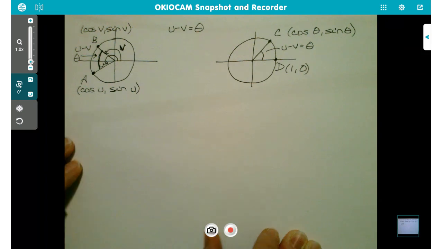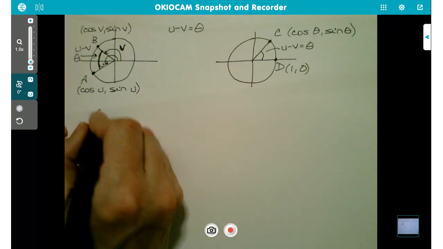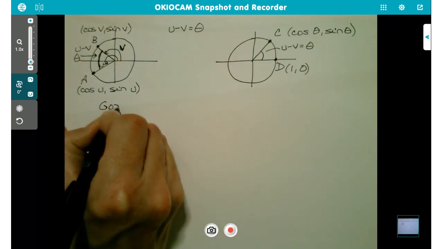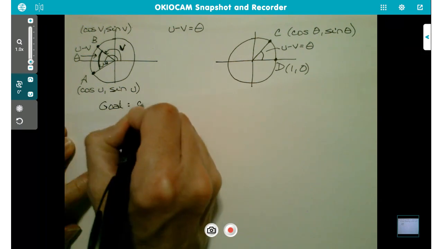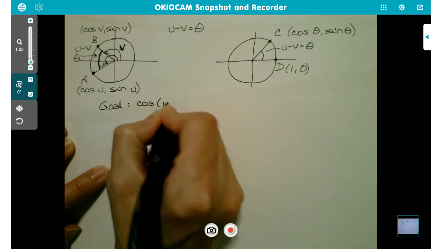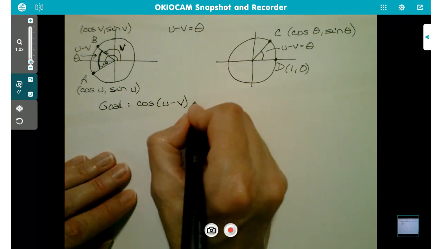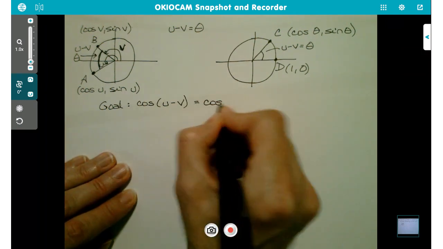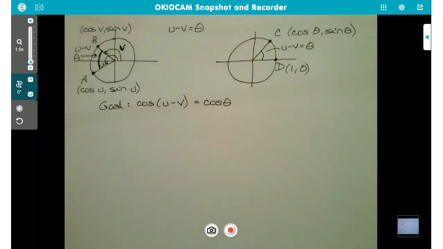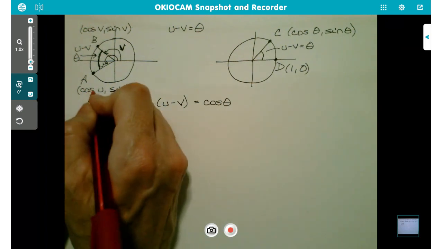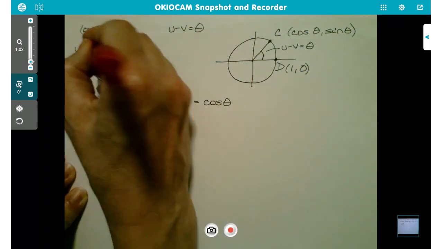My goal is I want to find an expression for the cosine of U minus V, also known as cosine of theta. How are we going to do that, you may ask? Well, I'm going to make another observation about my two circles with their two angles here.